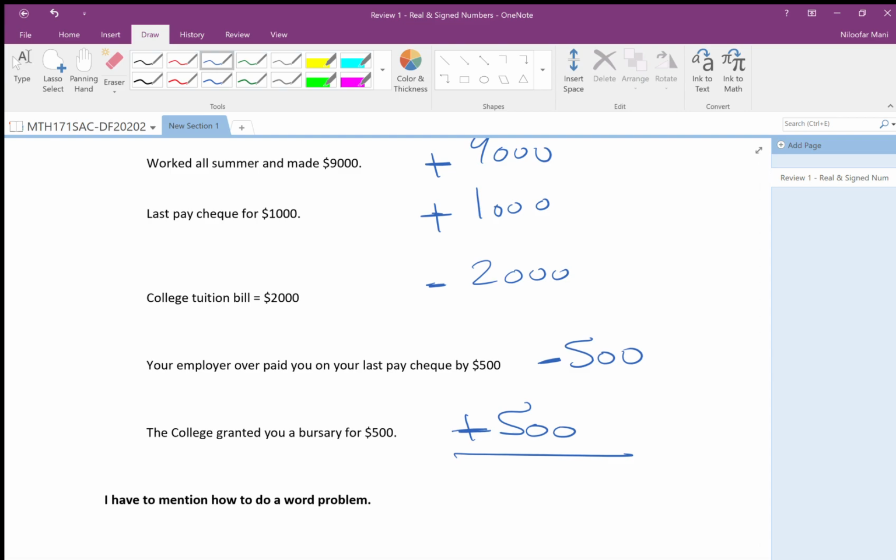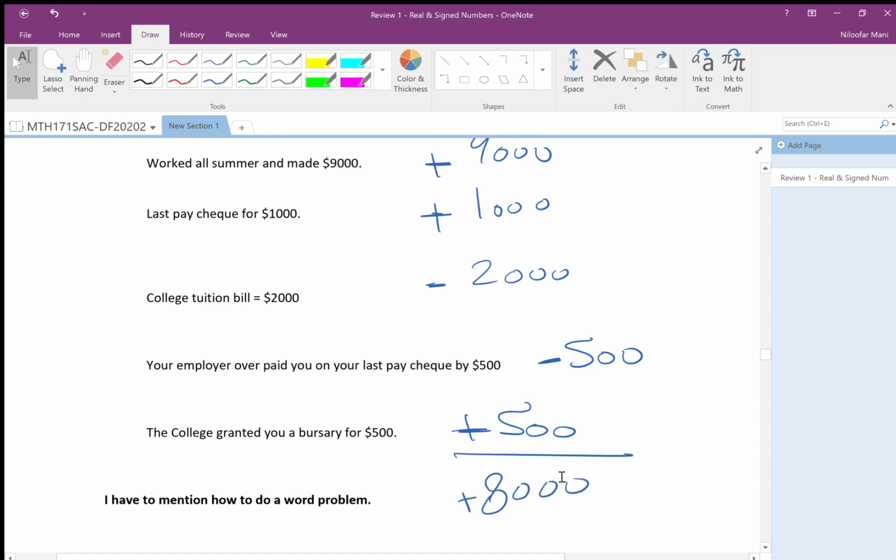Minus 500, 7,500. Sorry, I have to receive money from the college, so it's 10,000, then 8,000, with 500 going and 500 coming. So it's just $8,000. 8,000 is in my account.